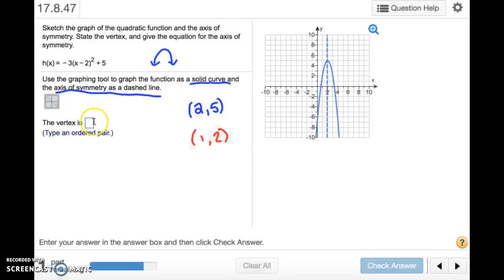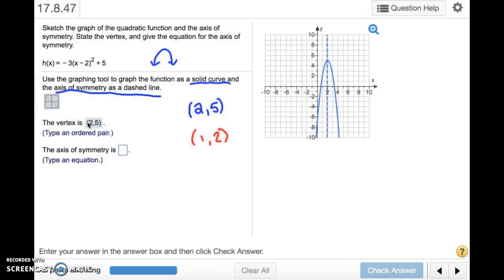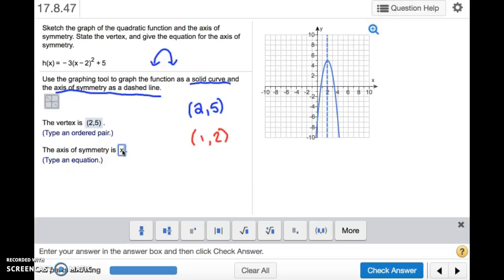The follow-up parts are going to ask me to enter the vertex, which we previously identified as 2, 5. And the axis of symmetry is an equation, and make sure that you see here it asks me to type in an equation, and that's going to be x equals, and the value of x is 2.